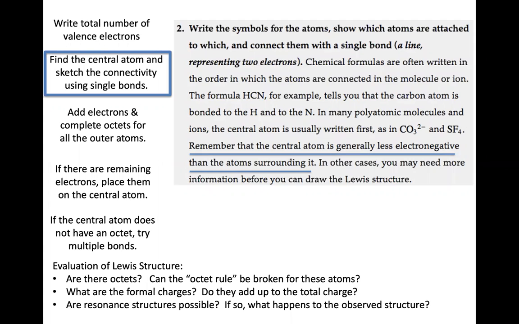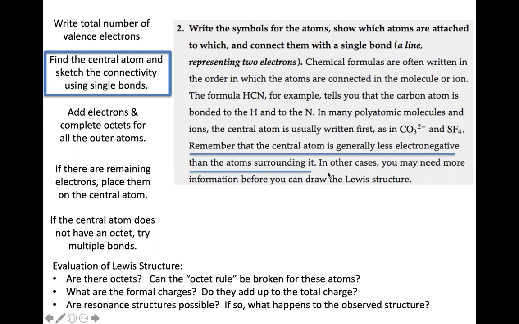Second goal, we want to be able to make an initial sketch. We want to put an atom in the center and then see how the other ones are connected from there. There are different guidelines that are listed, how oftentimes the formula can help you, but I've just added a new piece of information that wasn't in a pre-class video because I've just introduced the idea of electronegativity.